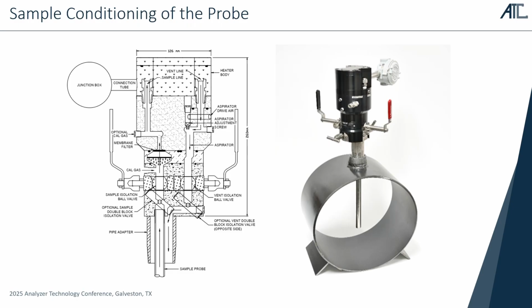We keep it heated so that it's above any ammonia salt formation, in the case of sour water stripper gas feeds. And it has a built-in membrane filter to shed any liquids, and essentially, as I said, we keep it hot to ensure there's no condensation issues. It also feeds back into the process from that location so that it's a continuous sample loop.